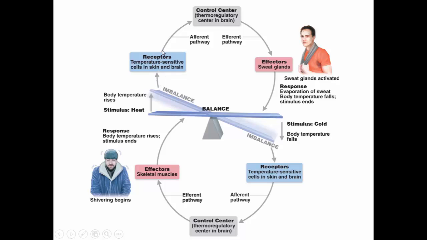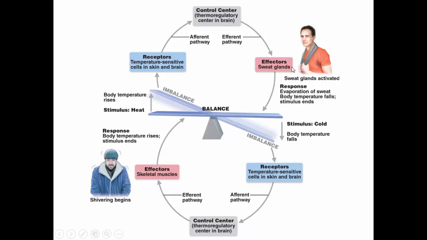Well, as your body temperature goes up, your control center gets the information that you're getting too warm. It sends information to effectors. In this case, they're sweat glands, and you start to sweat. And the reason you start to sweat is because if sweat evaporates, your body temperature will fall. Now, when you get back to normal, that stimulus ends. You stop sweating, and we're back to normal.